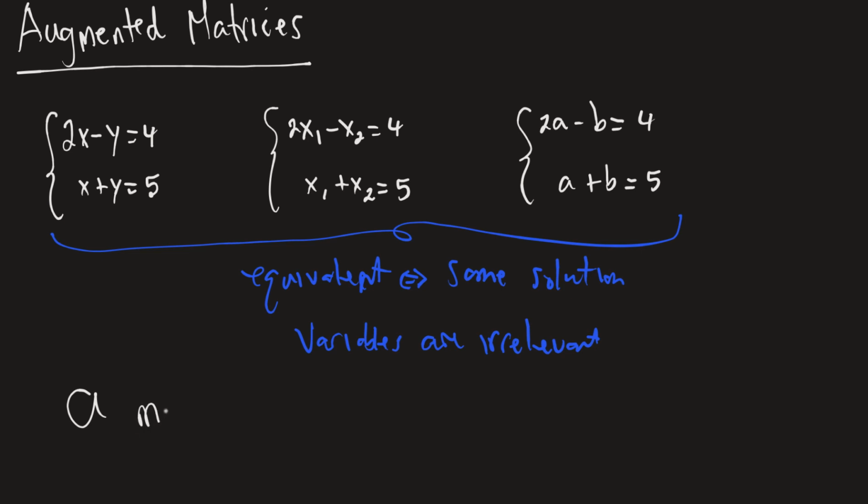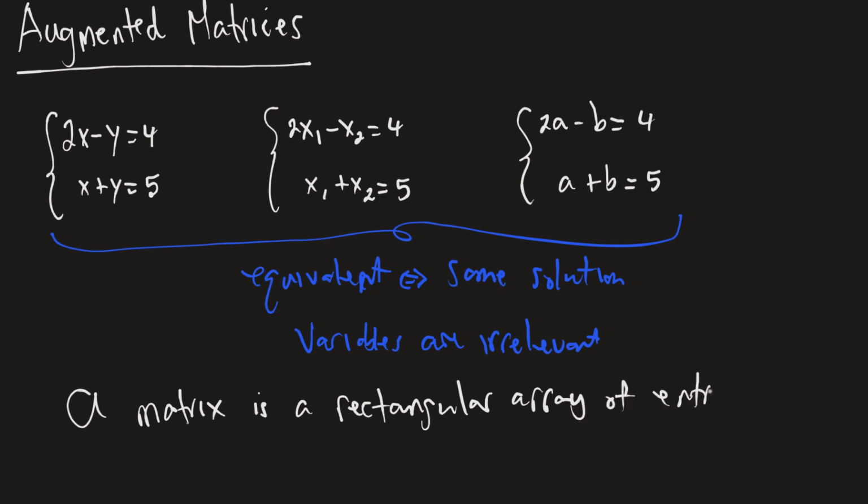So a matrix is a rectangular array of entries, organized in rows and columns.